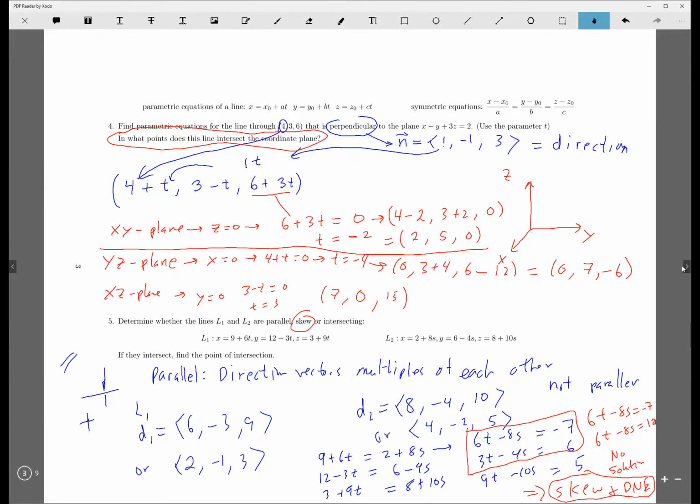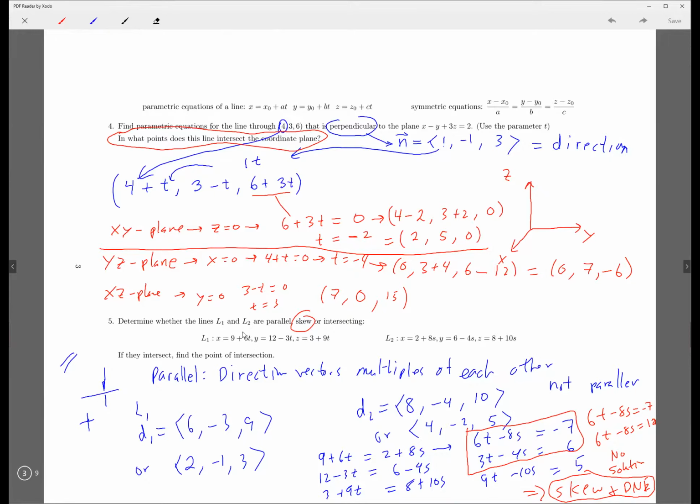Hey, Brother Hurst. Yes. If they were to intersect and it asked for the point of intersection, would it be just the value of t and s or something else? Okay, you could take either the value of t or the value of s.